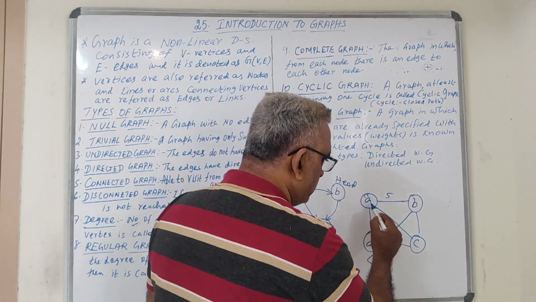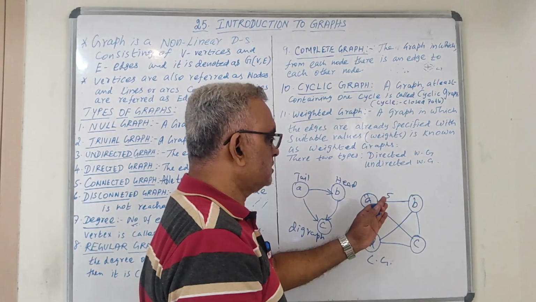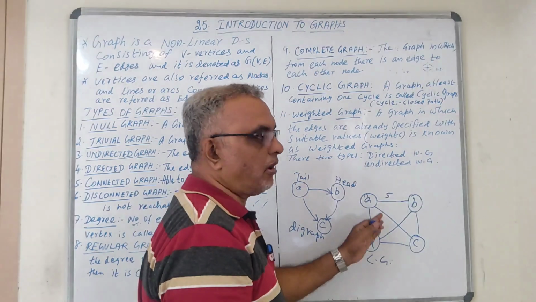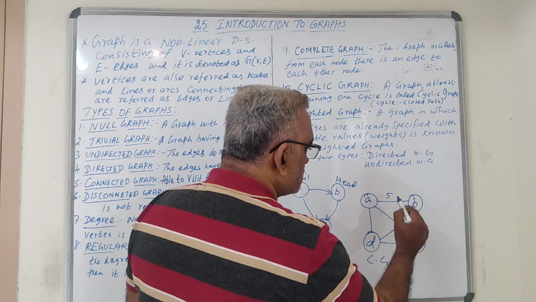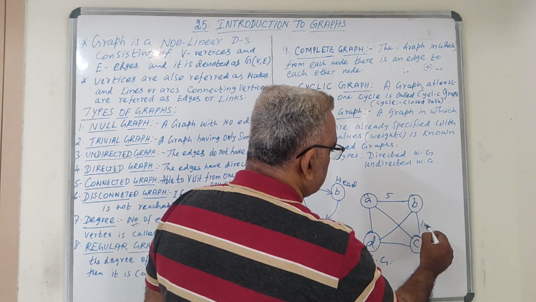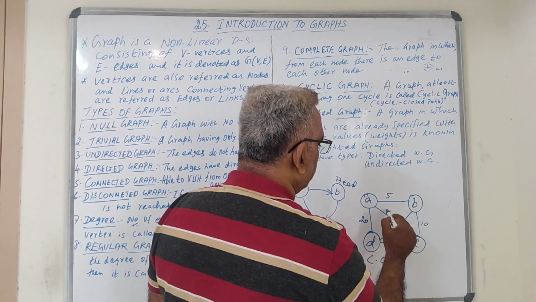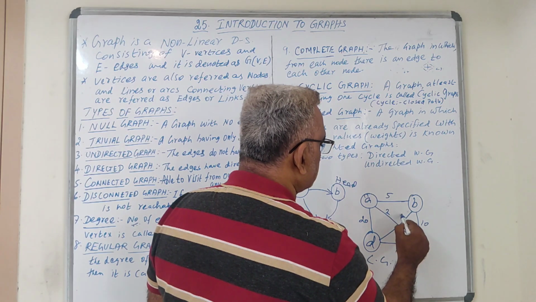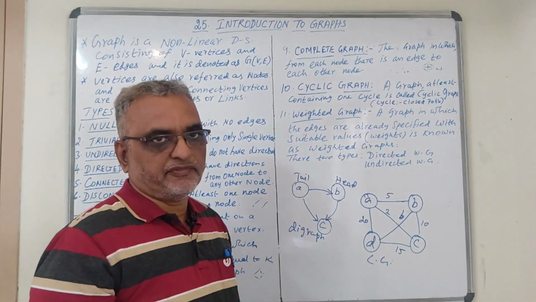To reach from A to B, you need to cross this distance, or spend this amount of cost. That is what we call the weights. This is 10, 15, 20, this is 2, this is 6. It is a weighted graph.